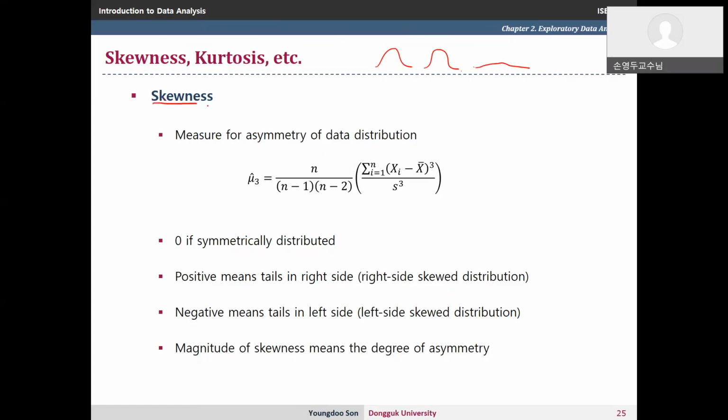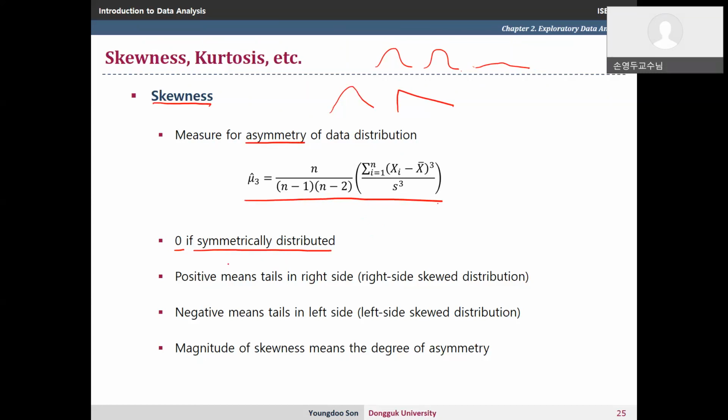Then skewness is the measure of asymmetry: how symmetric or asymmetric it is. It is calculated like this, and if the skewness is 0, then it is symmetrically distributed, so its left side and right side are the same.